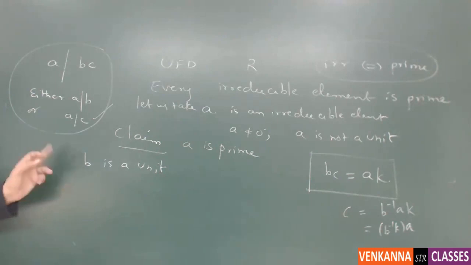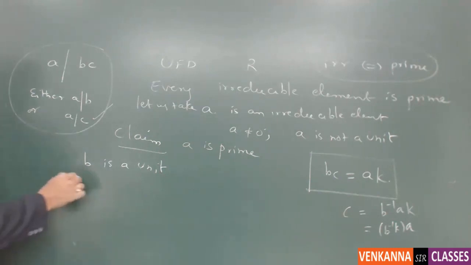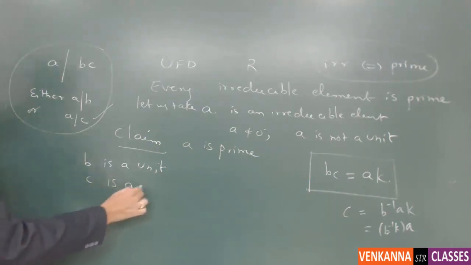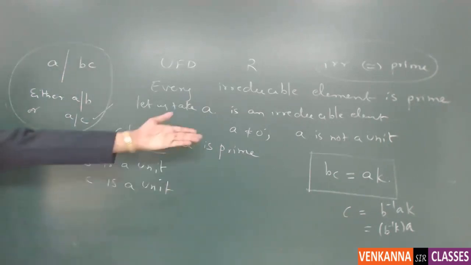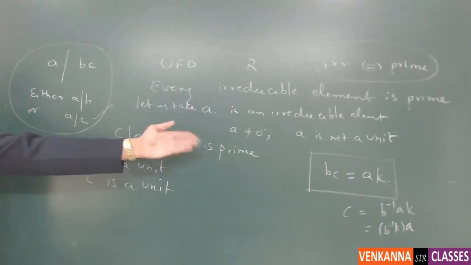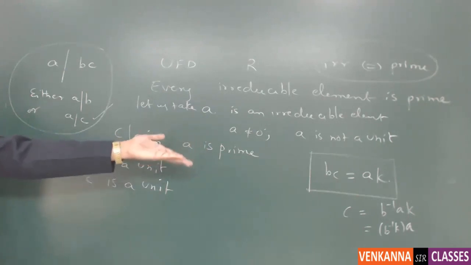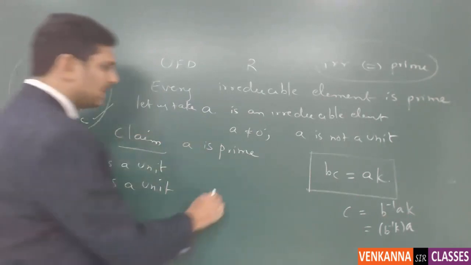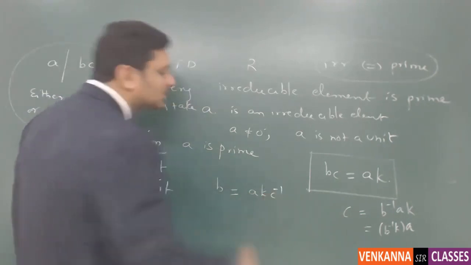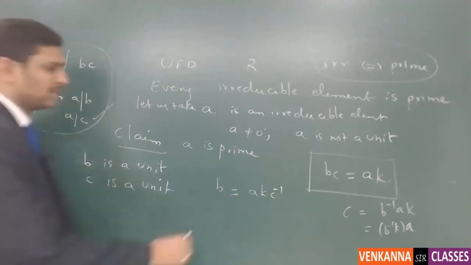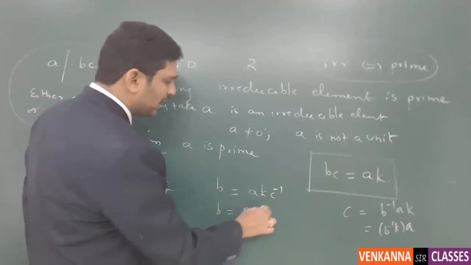Similarly, you take the other case. If C is a unit, again you multiply the relation on both sides with C inverse. Then you get that B is equal to AKC inverse. So this is nothing but B is equal to A into some value.